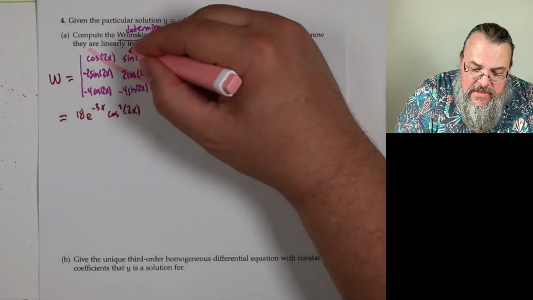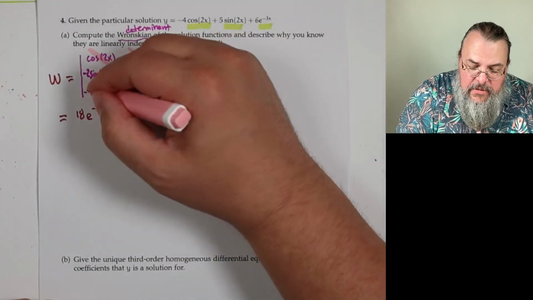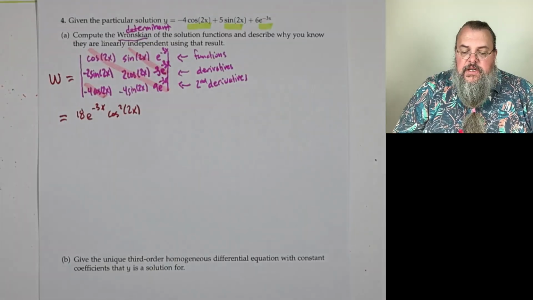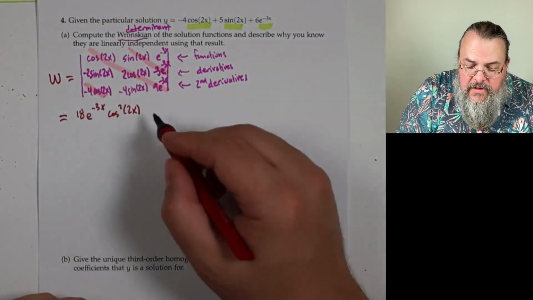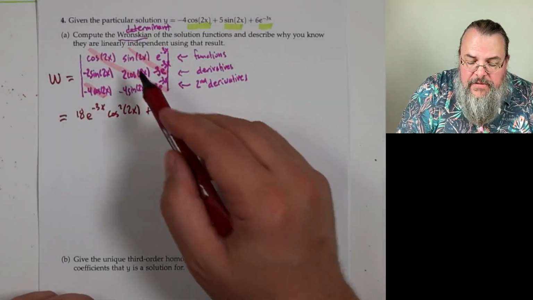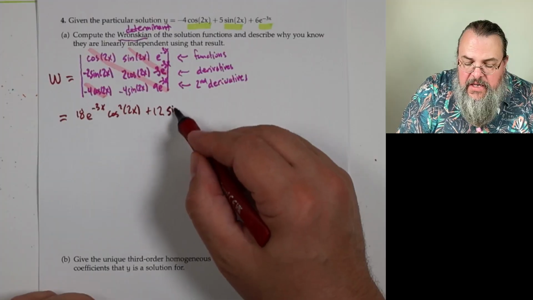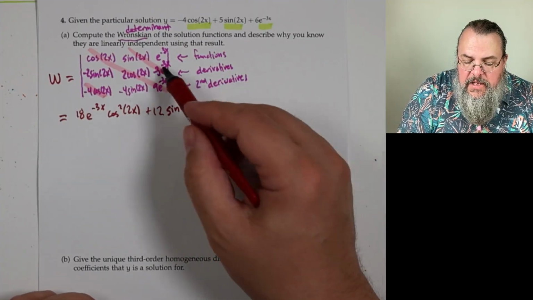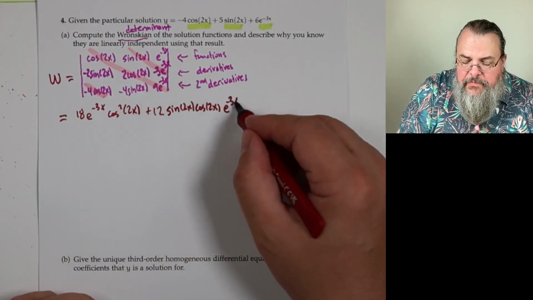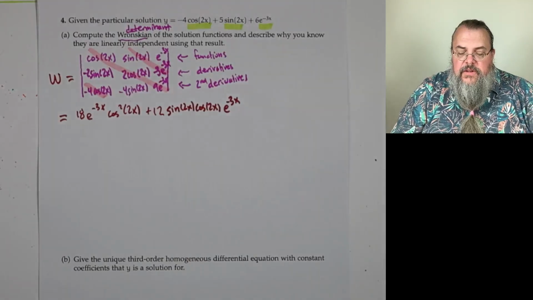Okay, diagonal 2. We have sine of 2x, minus 3 e to the minus 3x, and minus 4 cosine 2x. So minus 3 times minus 4 makes a 12. So there's a plus 12. We have a sine and a cosine, so sine of 2x, cosine of 2x, and don't forget the e to the minus 3x. And one more diagonal going down.